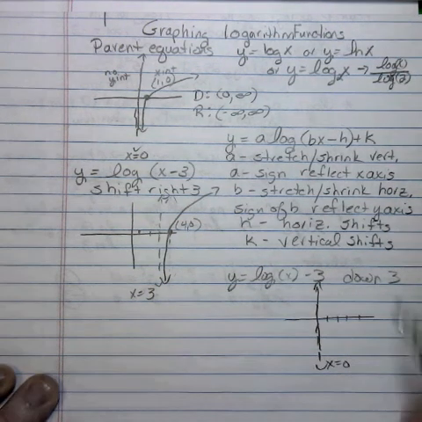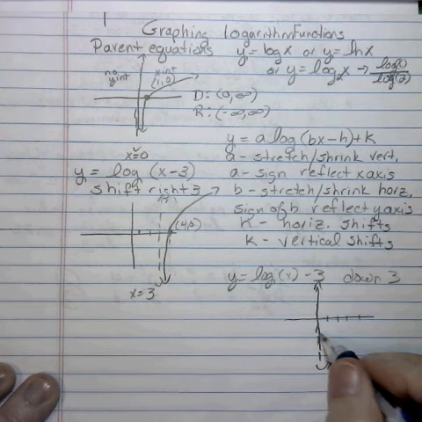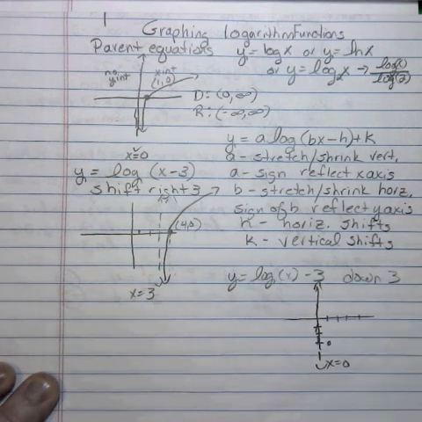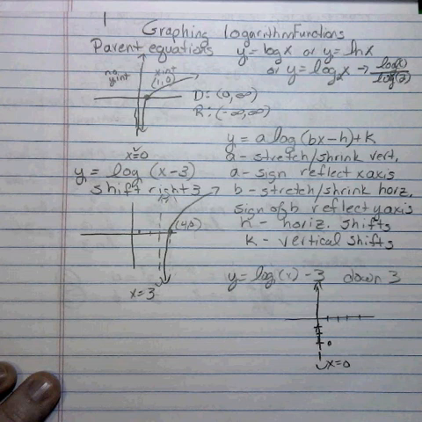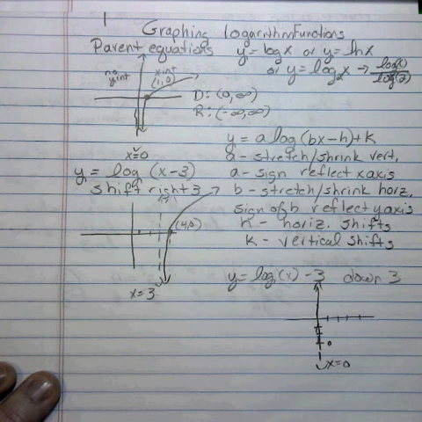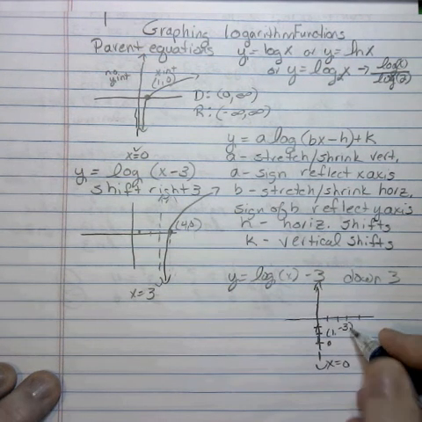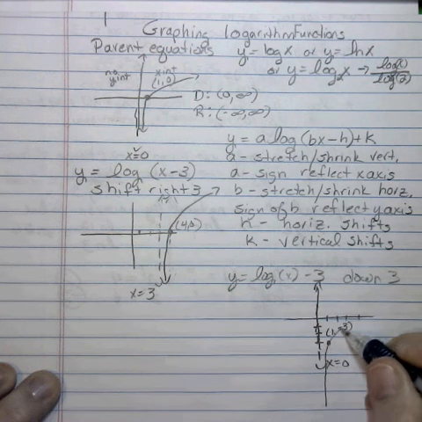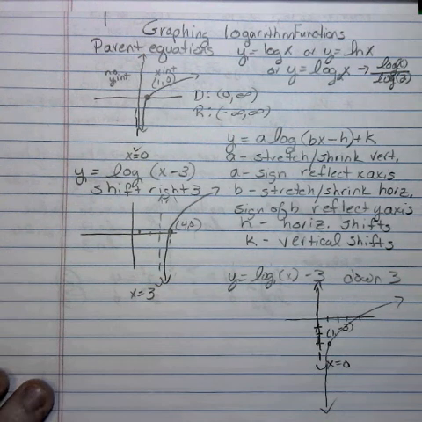It does change our point from being 1, 0 to being 1, negative 3. Because it has shifted that graph down.